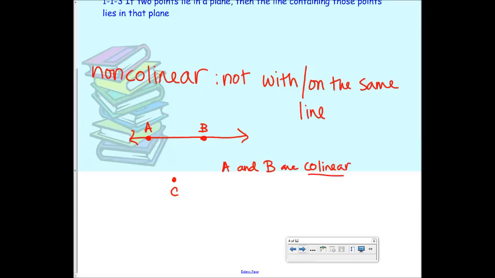Collinear and non-collinear are just opposites. One means not, one means with. So on the same line, A and B; C is non-collinear. So just any point that's not on that line. Is D also collinear or non-collinear? Non-collinear. What if I do this? Now D is collinear with what? C. Good. So it just means on the same line.